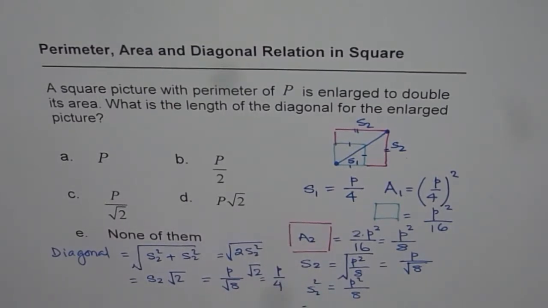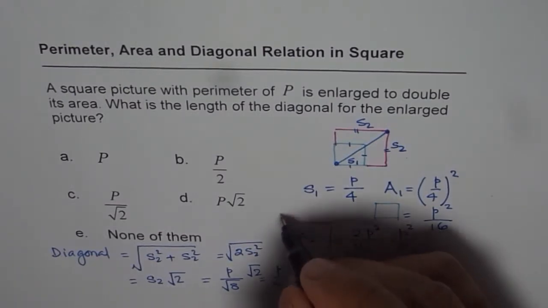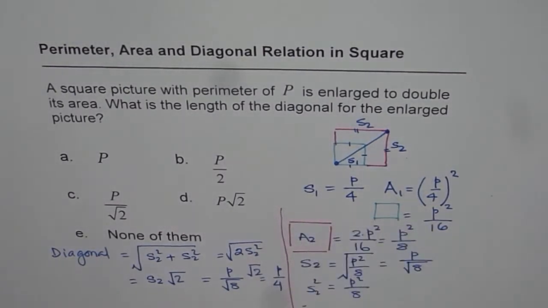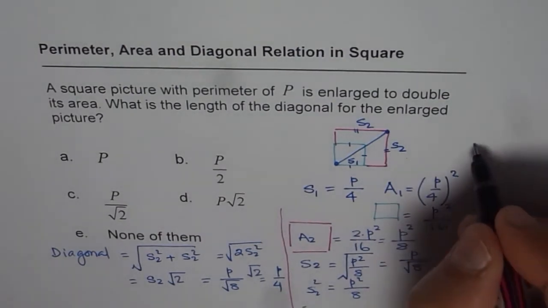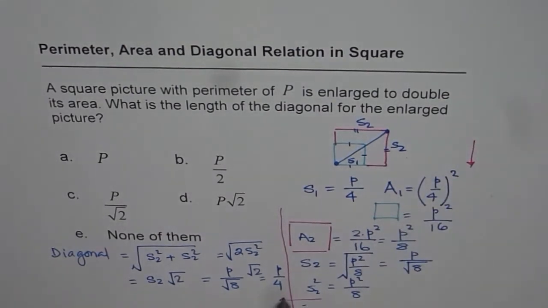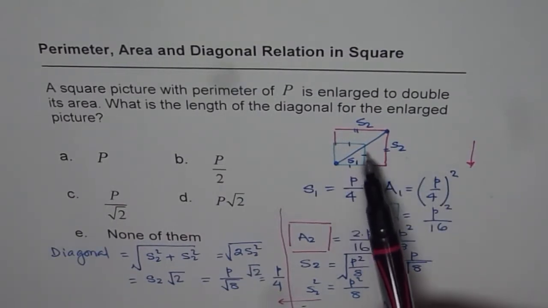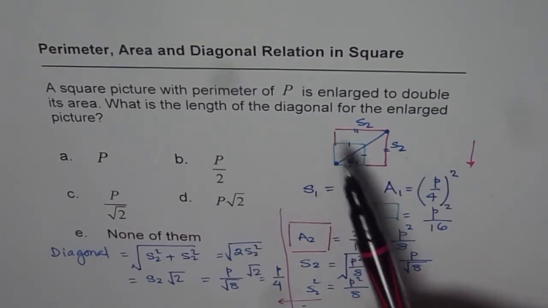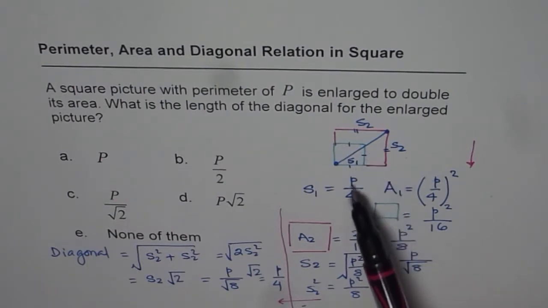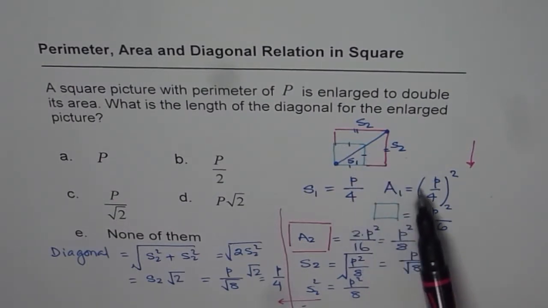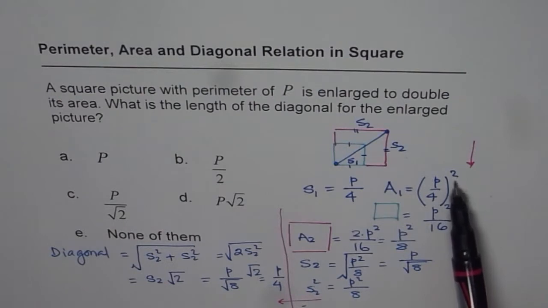So that is how we can have a general solution. Let me just draw a line here showing what we did. We start with a small square with perimeter of P. Then each side is 1/4 of P. Area of the small square will be P over 4 square.